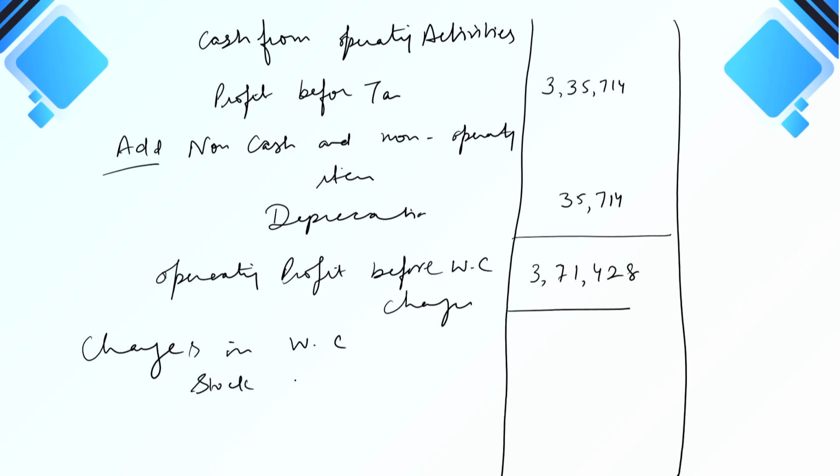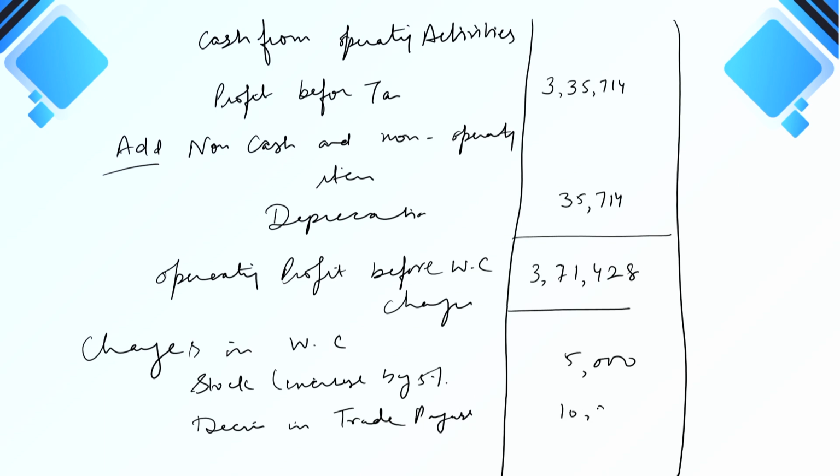Now we calculate the changes in working capital. We have the stock that is showing an increase by 5%, means 5,000 rupees. Then we have a decrease in trades payable, which is 10,000 rupees, and we have an increase in debtors, 2,500.